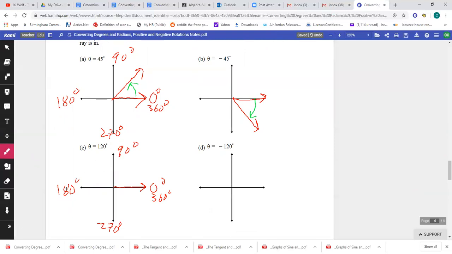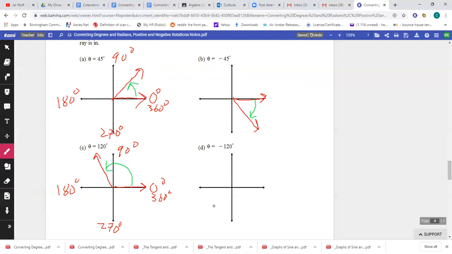It's not that close to 180. So it's going to look something like this, right? It's just 30 degrees more than 90. And then we rotated it this way because it's positive, so it goes counterclockwise.